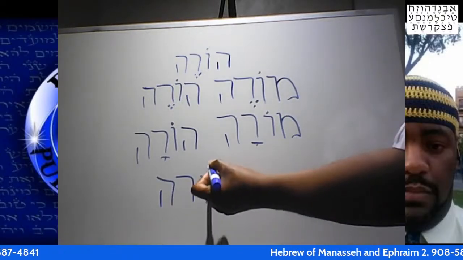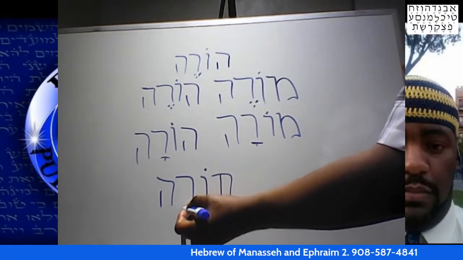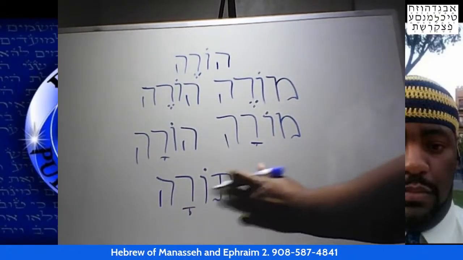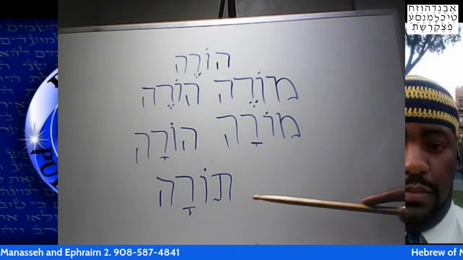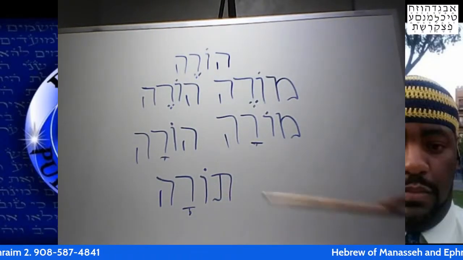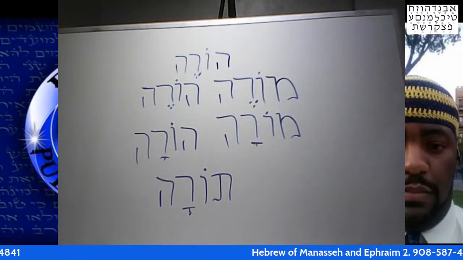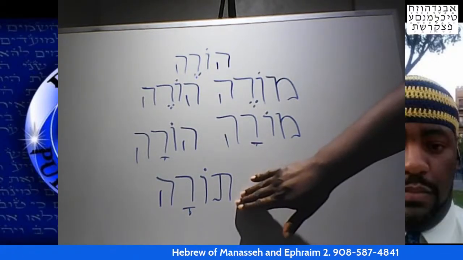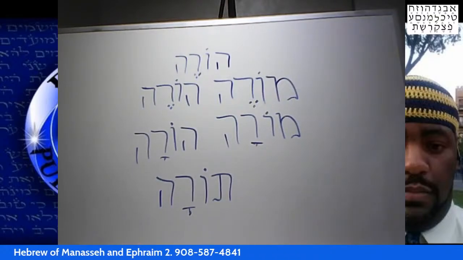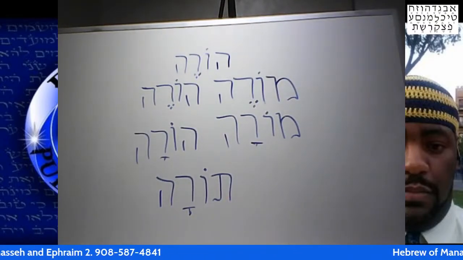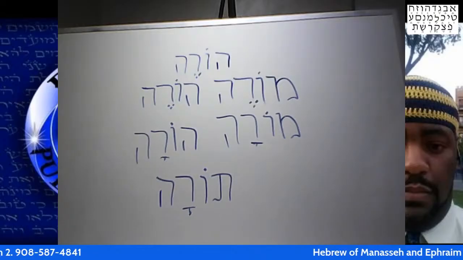And we have here the word Torah, generally said as law, but the word Torah really means teaching or instruction. For instance, when you read in the book of Proverbs, and it says, forsake not the teaching of thy mother, al tishkach torat imecha, forsake not the teaching of thy mother.